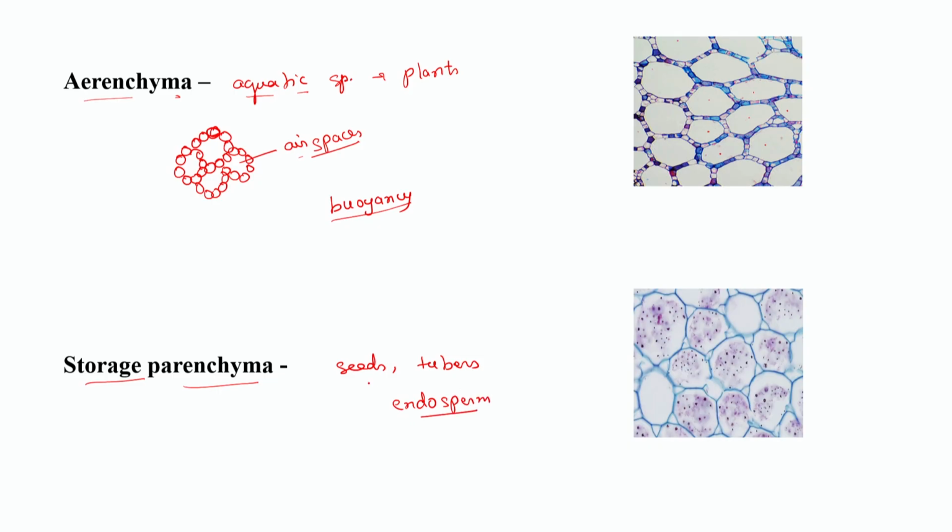Okay. So in these parenchymatous tissues, either they will be compactly arranged in many of the cases, with a lot of storage organelles, storage depositions like starch granules and many other storage depositions could be observed.